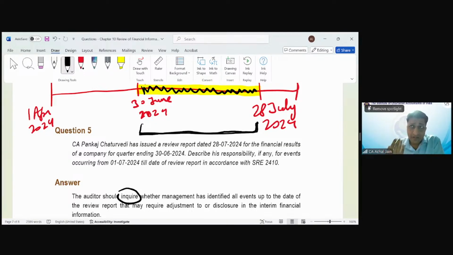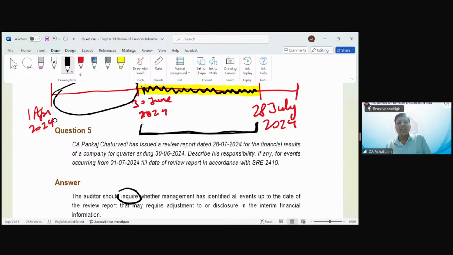But do you cover this period? The answer is yes. Because if you miss out on this period, then definitely some sort of adjustment may get missed out from being recorded. Now, does the auditor need any sort of disclosure around this? Obviously, no. Because even if this has to be disclosed, who will do that? Management.